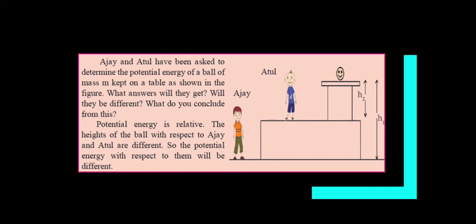The heights of the ball with respect to Ajay and Atul are different. So the potential energy with respect to them will also be different. Because from here it is only H2 and here it is H1. Correct. So because of the change in the position, the change in h, the potential energy will also be different.